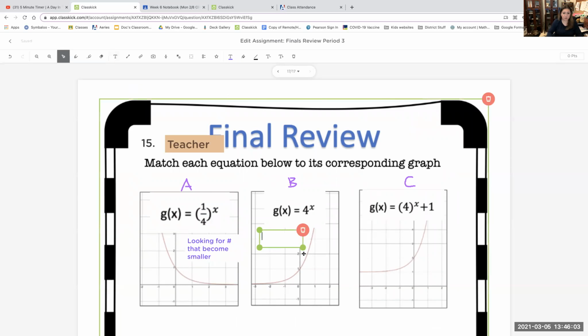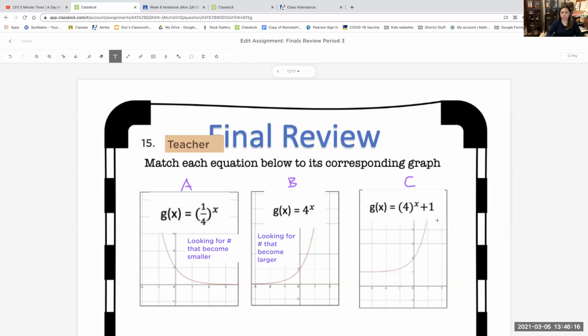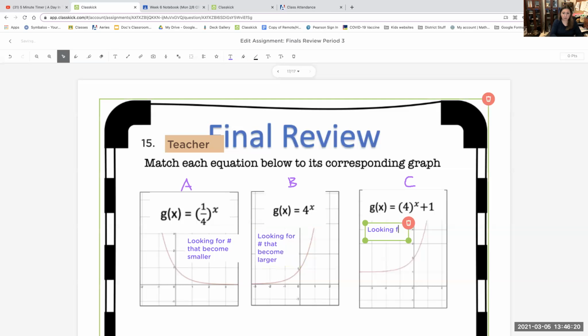This one, what are we looking for? Looking for numbers that become larger. And this one, looking for a graph that moved up or down.